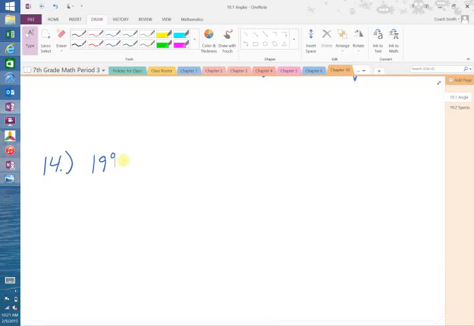If this is a complementary angle, meaning 90 degrees, what would the other angle have to be if our first angle is 19 degrees? 71. That is correct. So the second angle would be 71 for it to be complementary.